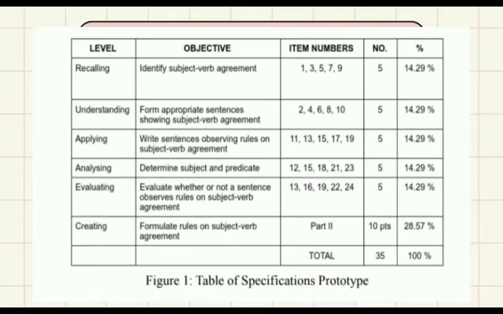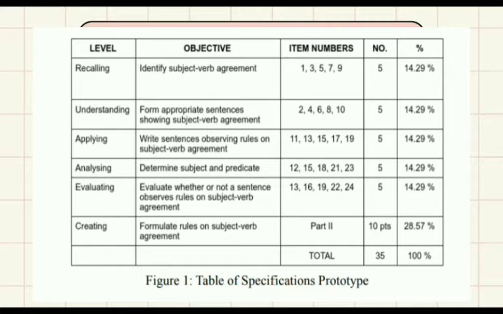So this is Figure 1, the table of specification prototype that can be seen in the module. It has the level, the objectives, the item numbers, the number, and the percent, where the level corresponds to the Bloom's revised taxonomy of Anderson and Krathwohl.